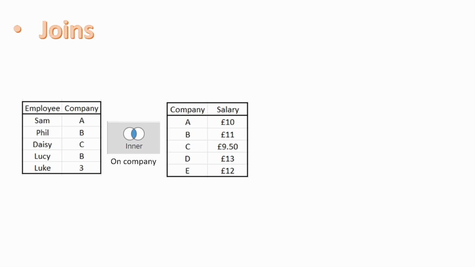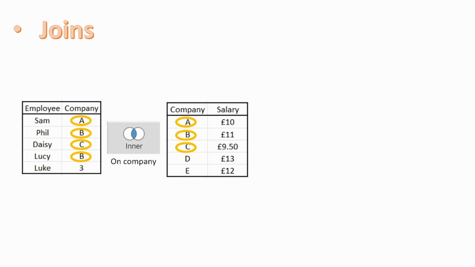So how an inner join works is they look through the company in the first table. So we have company A and it matches it to company A on the second table. So we're going to see that Phil is going to be joined up and also Lucy because there are two B's. There's also a C here and a C here.